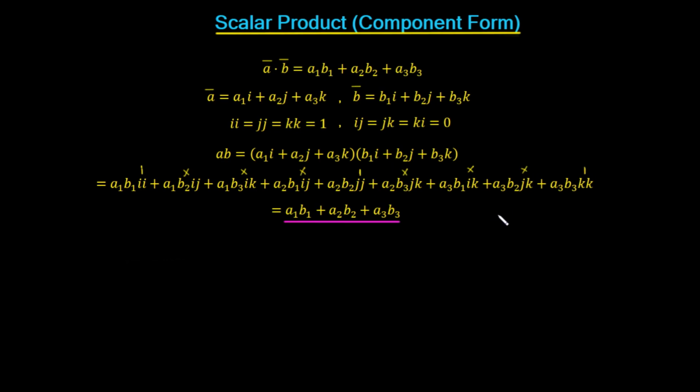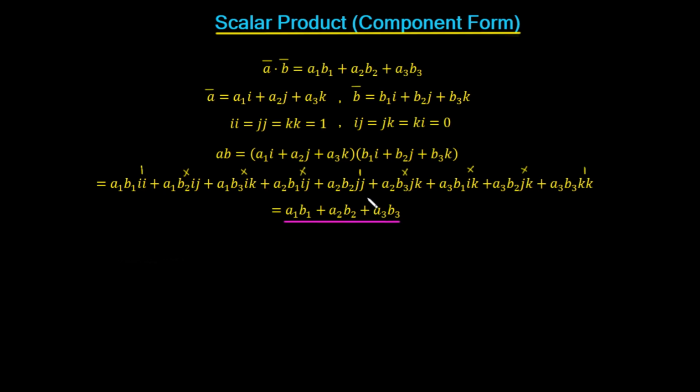So it means that these ones with the crosses, they're all equal to 0 because we've got the 0 here. So that's equal to 0, that's equal to 0, 0, 0, 0, and 0. So we're only left with three terms. We're only left with this term here, the A1B1, the A2B2, and the A3B3.